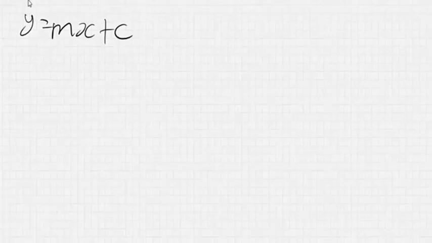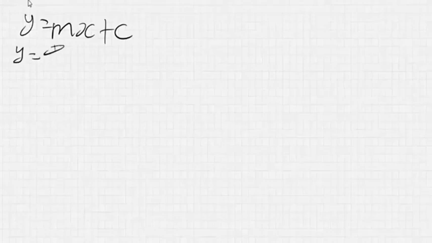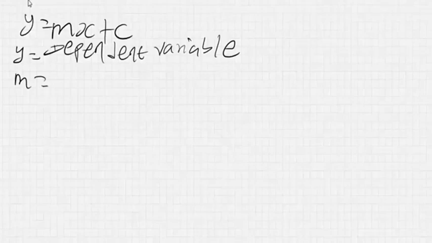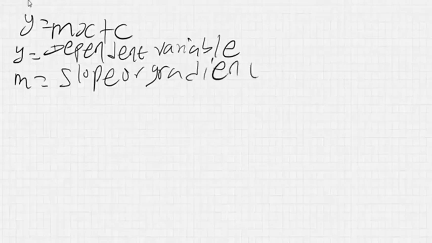In this straight line graph equation, our y here is our dependent variable. So it depends on x. Our m is our slope, or gradient. We looked at how to find the gradient of a straight line graph in the previous video.